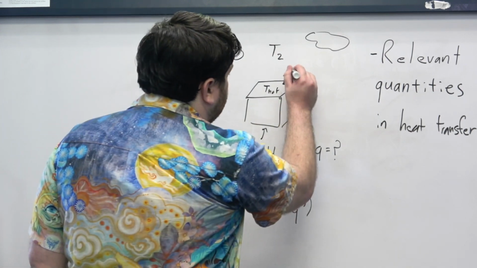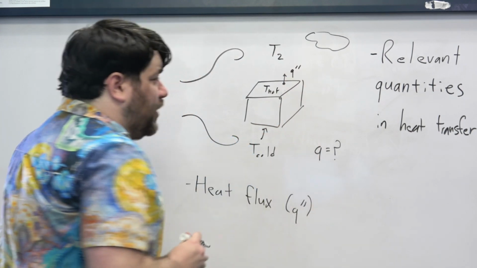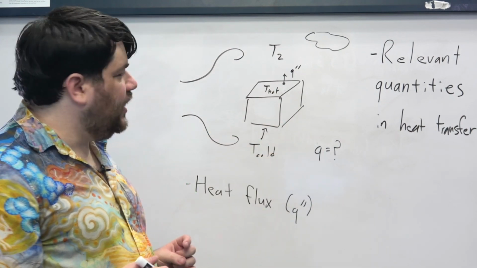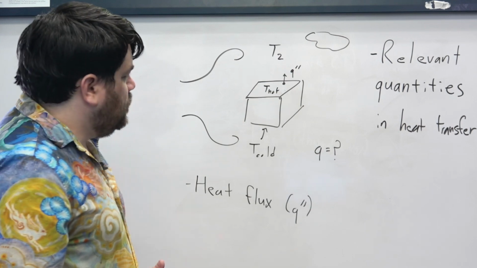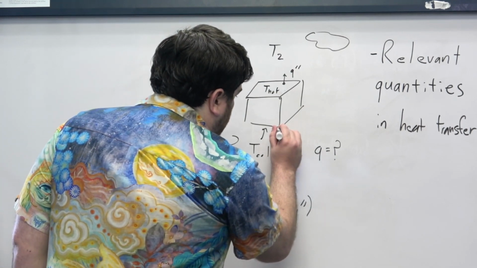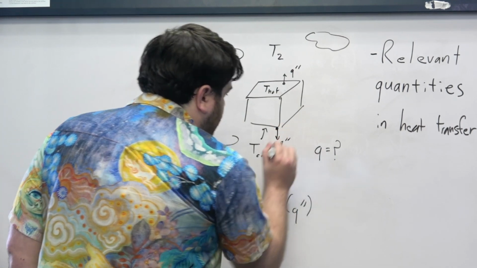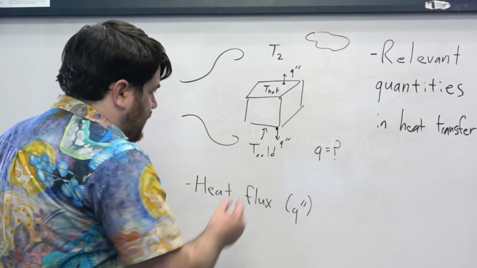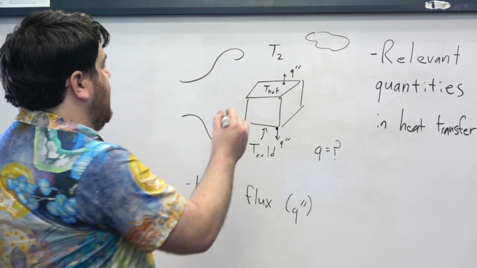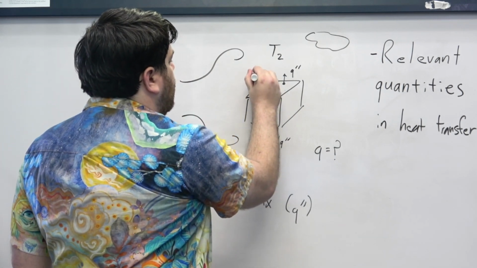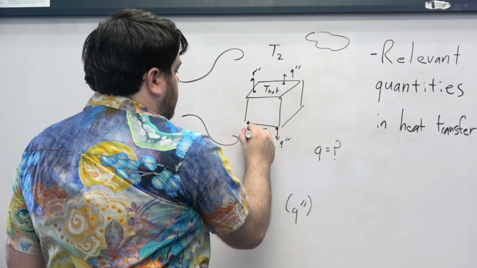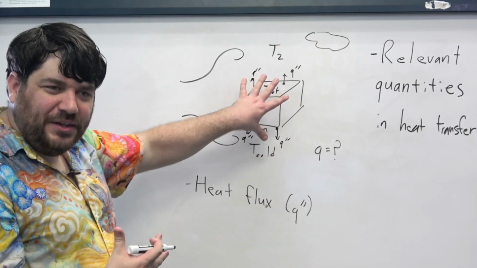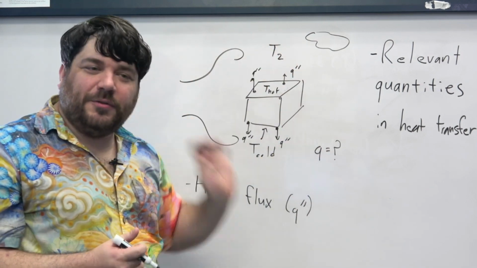That little chunk of heat we're going to call Q double prime, or more precisely, it's that little chunk of the heat transfer rate at the top. But then at the bottom, we're also going to have a little chunk of that heat transfer rate Q. And this is going to be true for every little point on the surface of the object, right? At the boundary between what we're calling the object, this rock, and its surroundings.